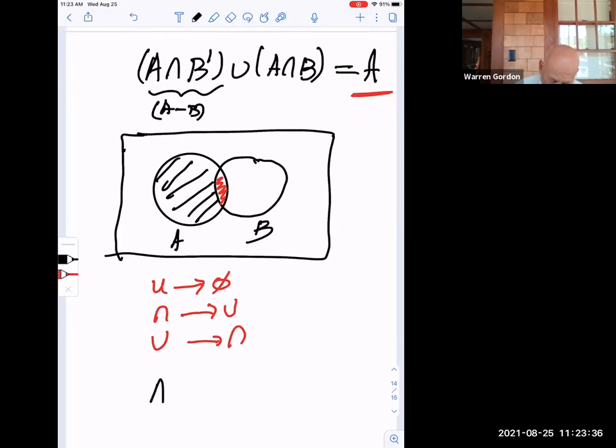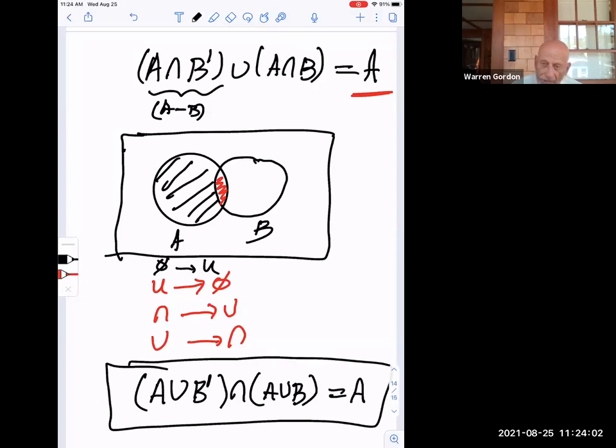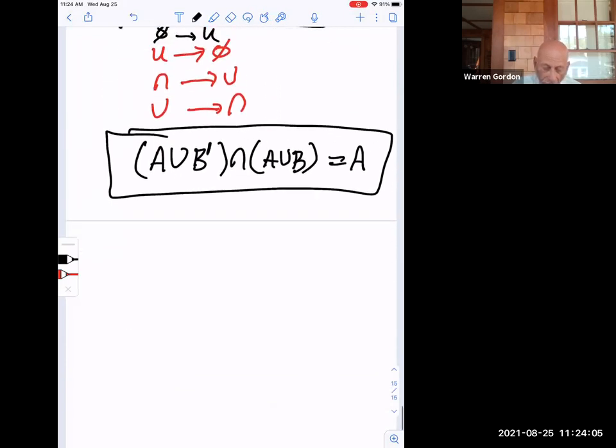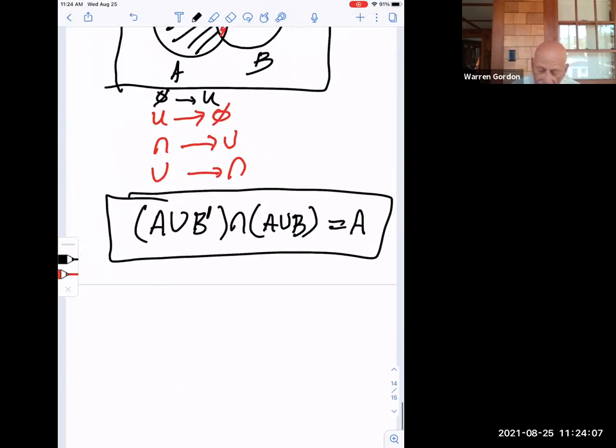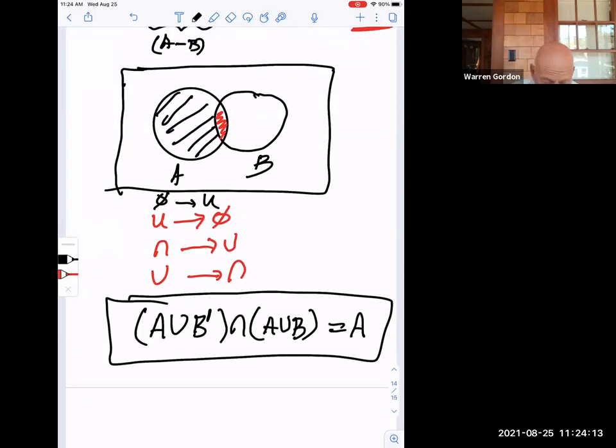I would get A union B complement intersection A union B. Okay, so if I do this replacement, there was no universe or empty set. The principle of duality says if you do this, if the first statement is a theorem, the second statement is also a theorem. And by the way, you can prove this very easily using Venn diagrams. I will leave that as an exercise to you.